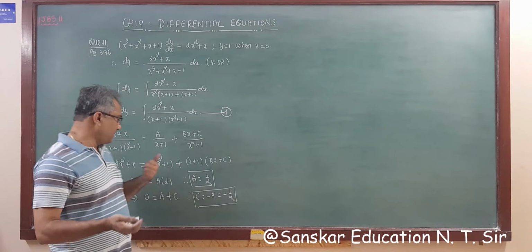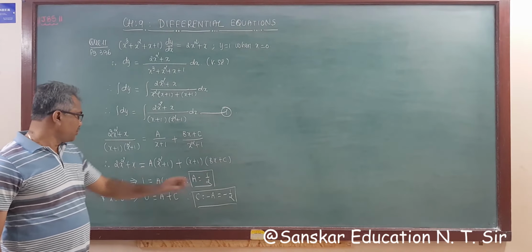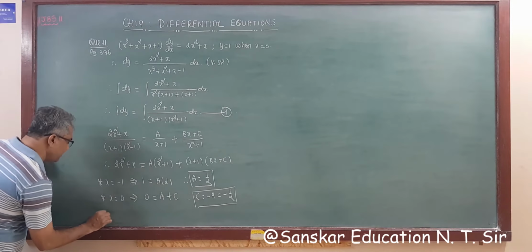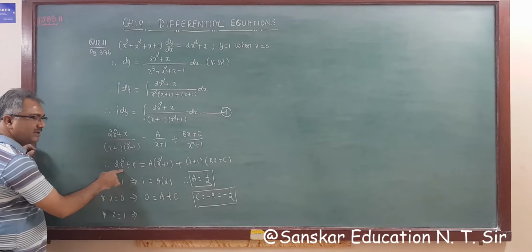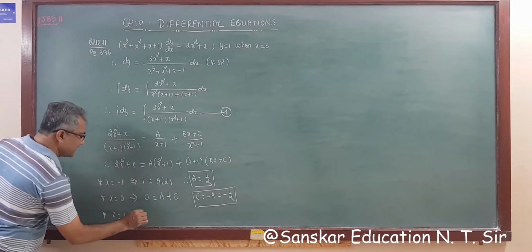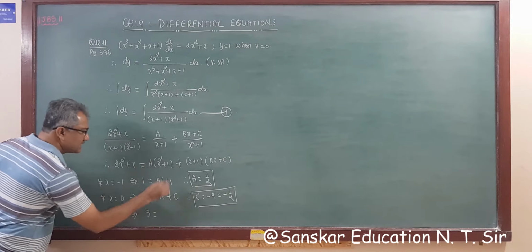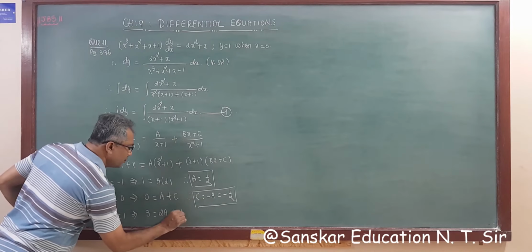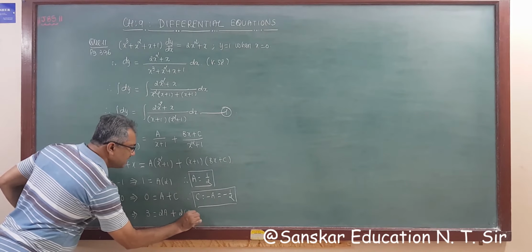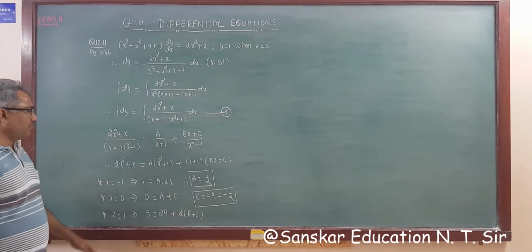Now the remaining constant is b, so taking arbitrary numbers, x equal to 1, this implies 1 into 2 plus 1, that is 3, is equal to (1 + 1) twice a, plus (1 + 1) into (b + c).